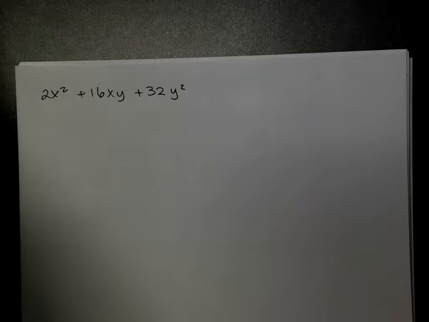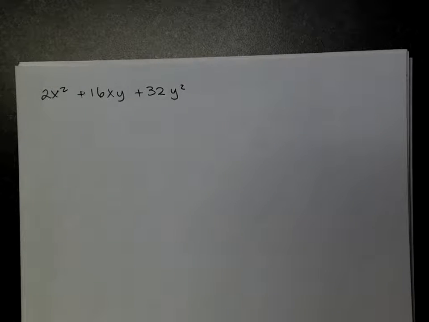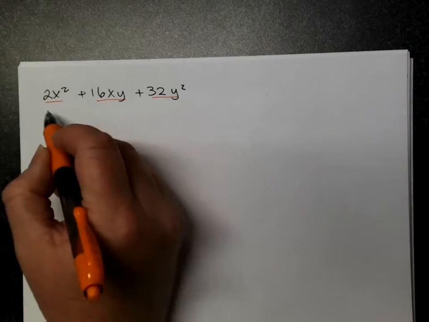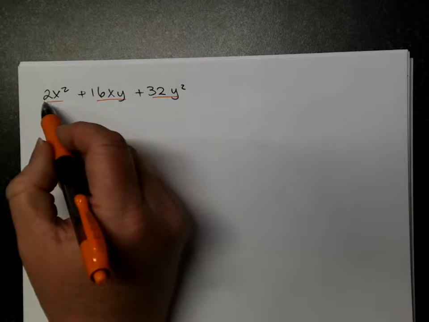There may or may not be a GCF, but if there is one, you must remove it first. Is there a numerical GCF, a variable GCF, or a combination? Definitely numerical, right? What's the numerical? 2. Yeah, it's always the smallest one or smaller.